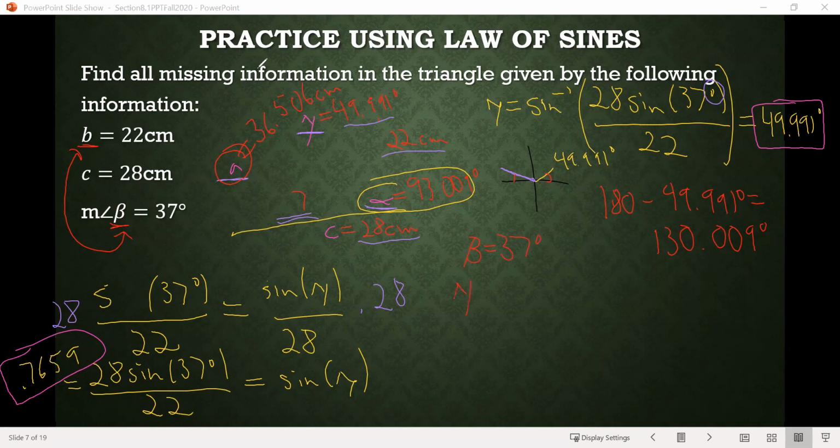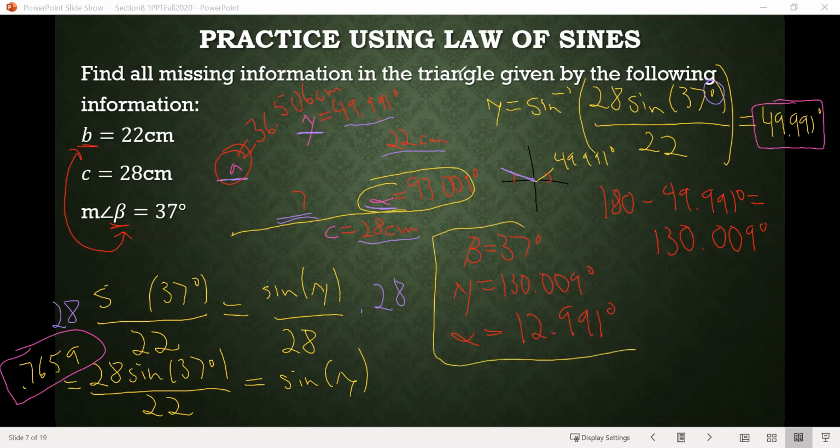We just found a possibility of gamma being 130.009 degrees. Would it still be possible for there to exist an angle alpha with those two in the triangle? And the answer is yes. We can find that by doing 180 minus the sum of both of those, and in this case, we would get 12.991 degrees.